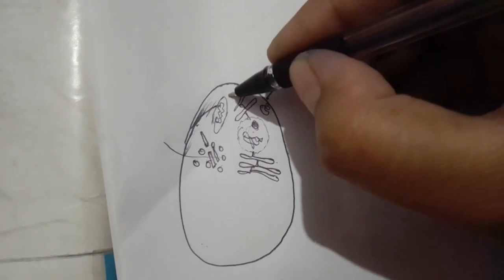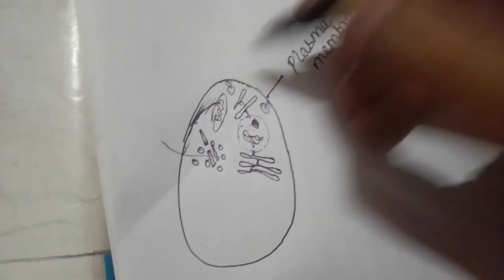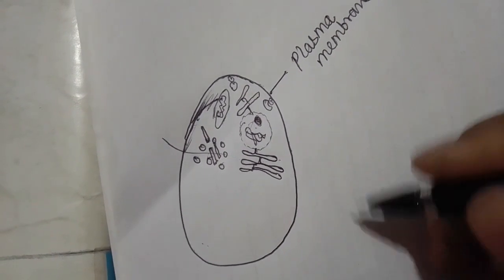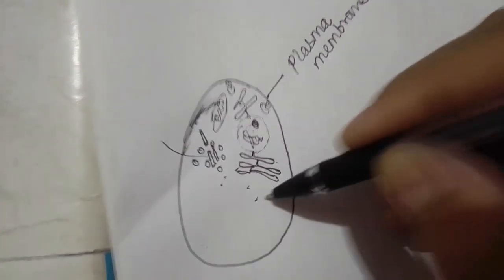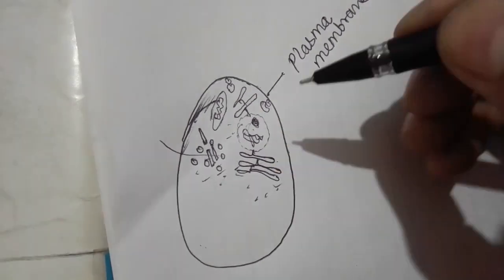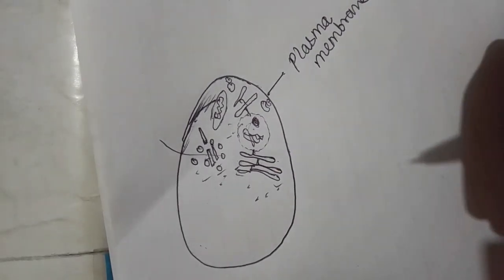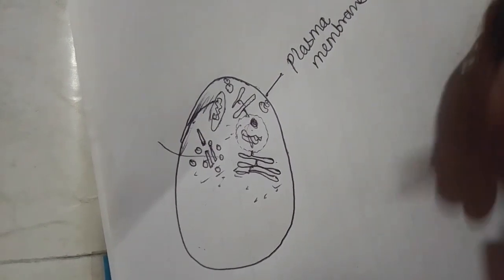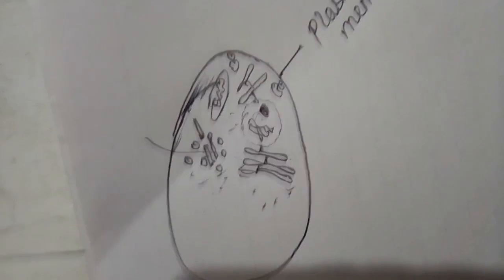The Golgi apparatus is many in number here, right? And then we have the ribosome and the microtubules. Okay, ribosome is over. Anything left here?